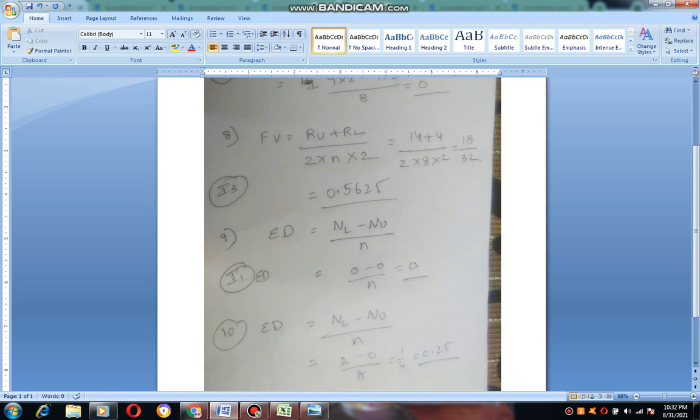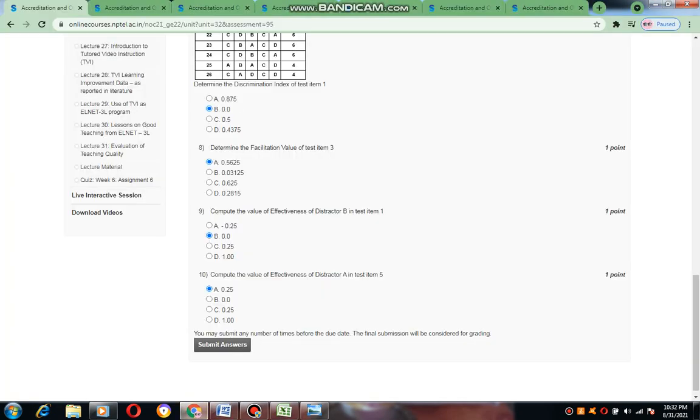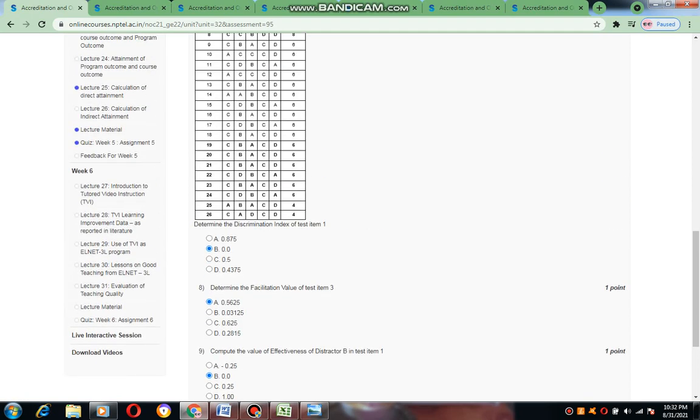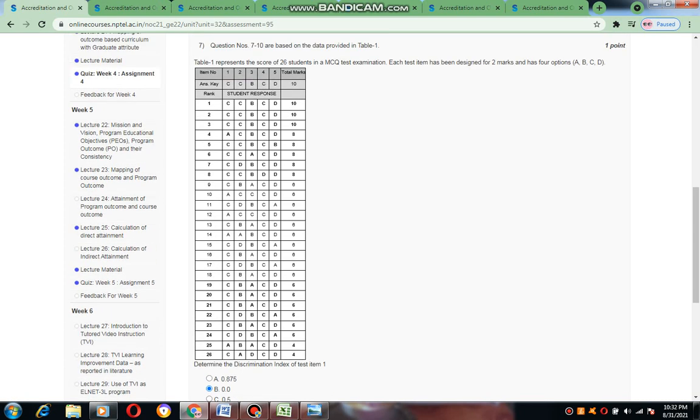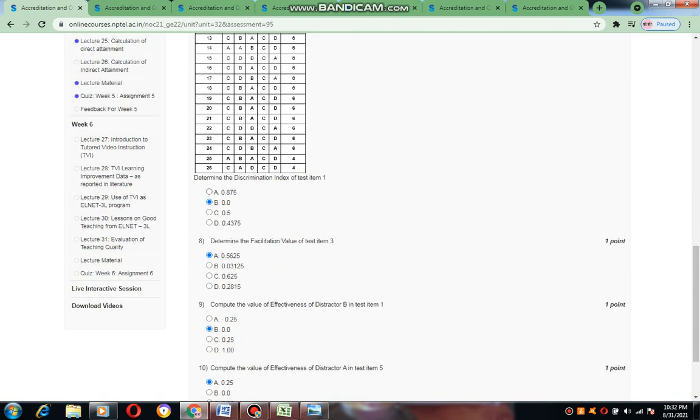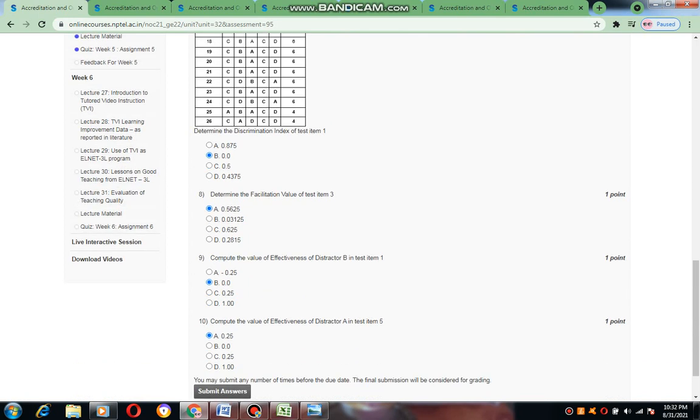For the effective distractor B in test item 1, you have to check for B in test item 1. In the upper group, B is not appearing. In the lower group also, the test item 1 distractor B is not at all appearing. So the answer is 0. B is not there, so the distractor value is 0.